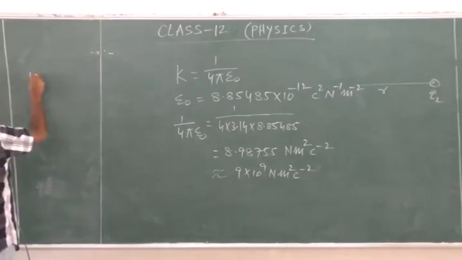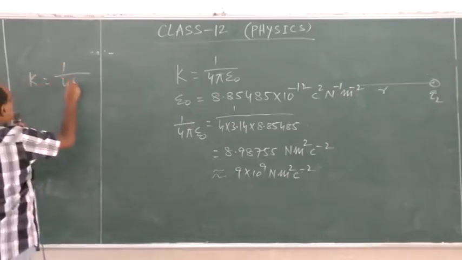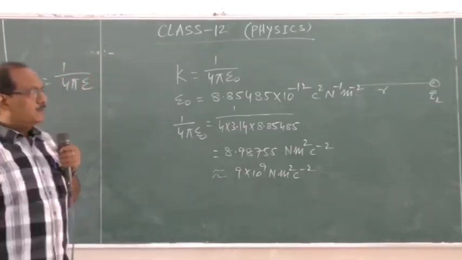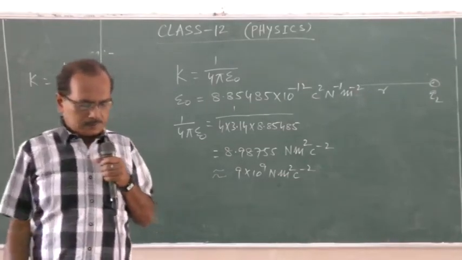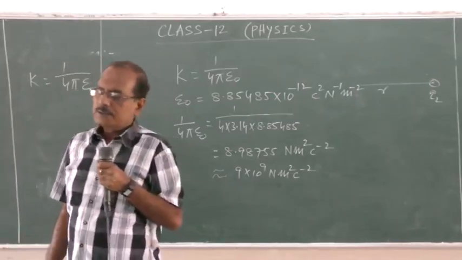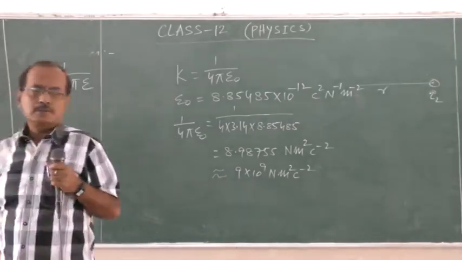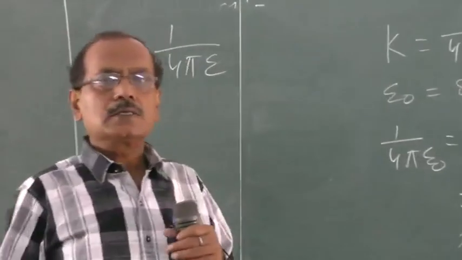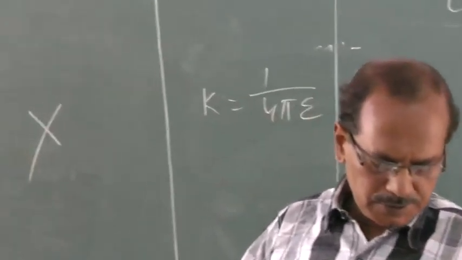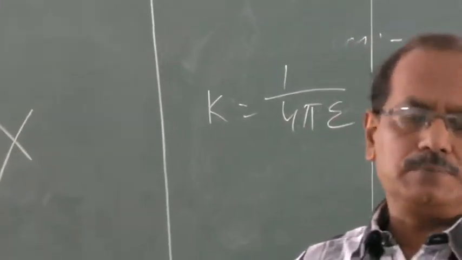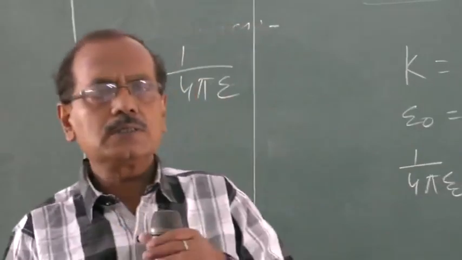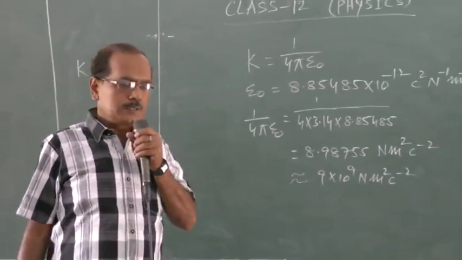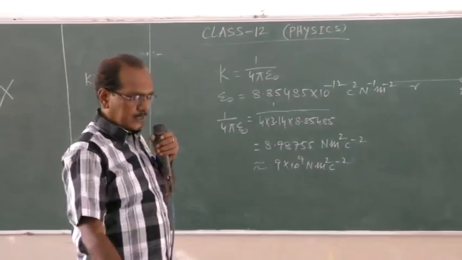Then the value of K will be equal to 1 by 4 pi epsilon, where epsilon is the absolute permittivity of the medium, whichever medium we are using.